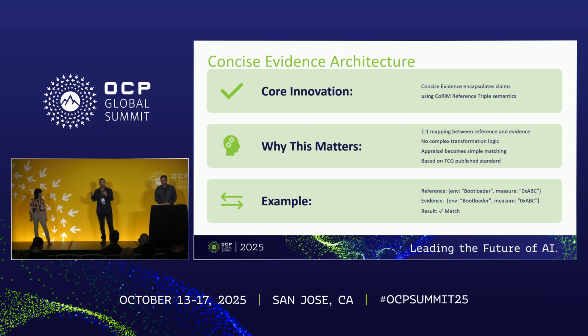They will map measurement 1 to the bootloader, measurement 2 to the operating system. And this will be specific from vendor to vendor. Now, with concise evidence, we are using the same exact semantics for describing the evidence as we define the reference measurement. So it's just a natural way to describe this.